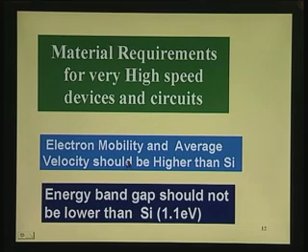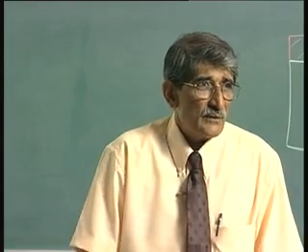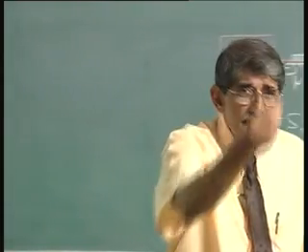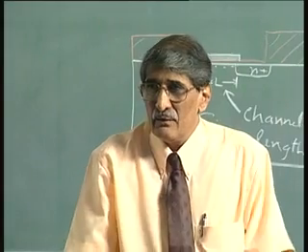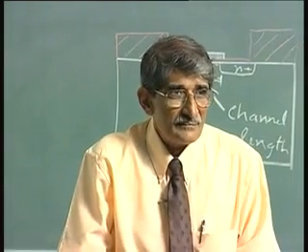Requirement is very clear. Electron mobility and average velocity therefore should be high and should be higher than silicon. You can't buy anything which has velocity or mobility lower than that of silicon. On the same count, you cannot choose any material arbitrarily. You cannot go and say, okay, I have, for example, germanium has a better mobility than silicon.